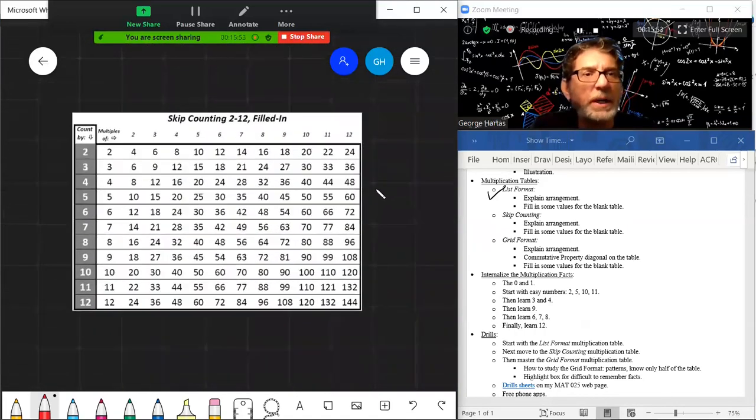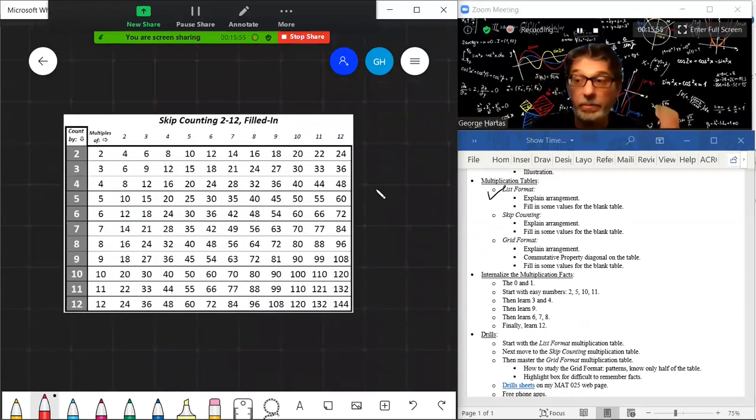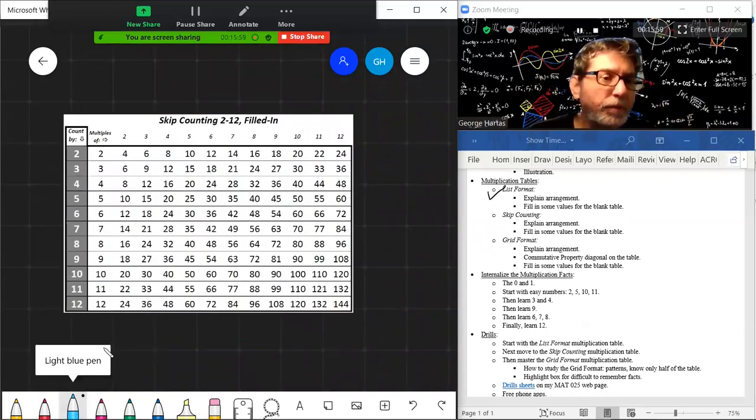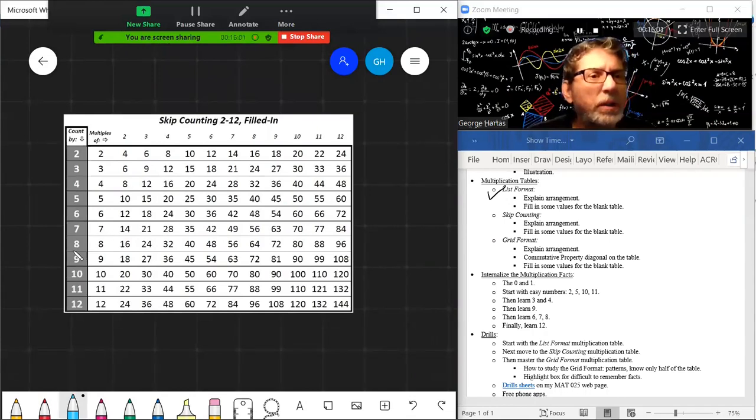So with skip counting, what happens is that you're going to take a number. So let's take the number 8, for example. So this says we're going to count by 8s, and we're going to take multiples of 8 going this way, and you'll see this on the blank version coming up next.